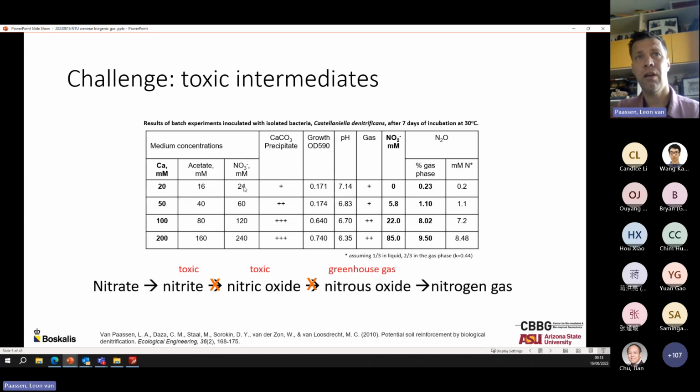So here we found that to avoid accumulation of intermediate nitrate and also nitrous oxide gases in the liquid and gas phase, our concentrations of nitrate should be around or below 60 millimolar per liter of nitrate.